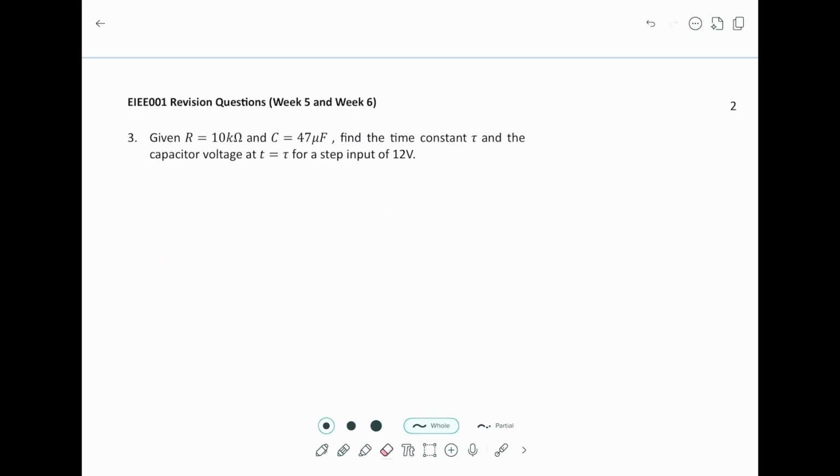The time constant for the RC circuit is defined as RC, and R is 10 times 10 to the power 3, and C is 47 times 10 to the power minus 6, and you will get 0.47 seconds.